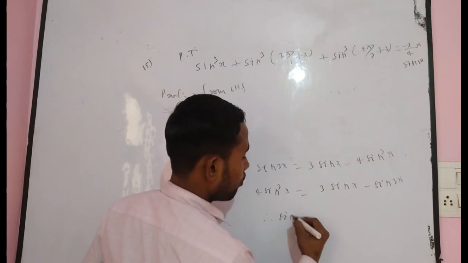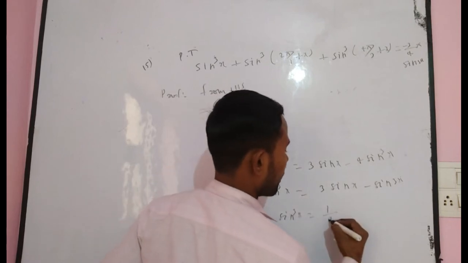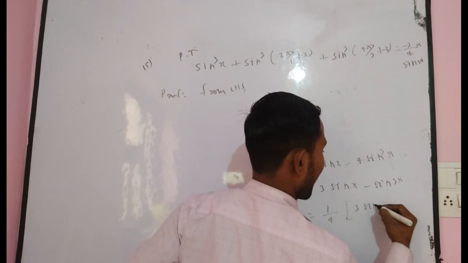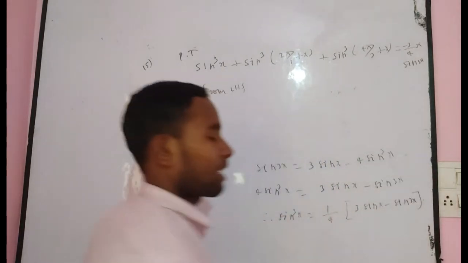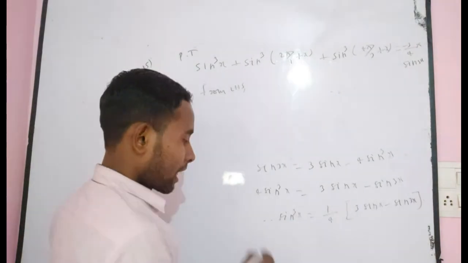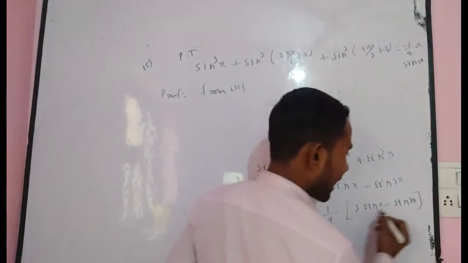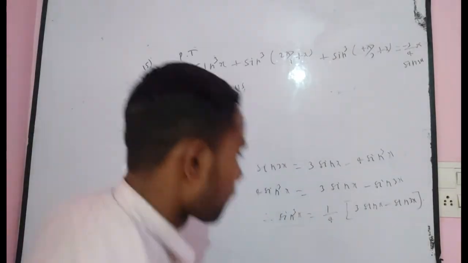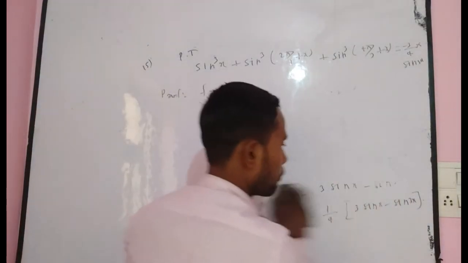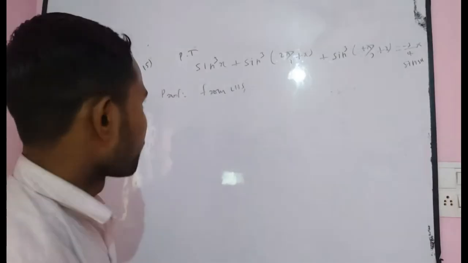So I think you understand: sin³x equals 1/4 times (3 sin x minus sin 3x). Have you understood? That means sin³x is equal to (3 sin x − sin 3x)/4. If you understand it, now directly you have to write this formula and use it.